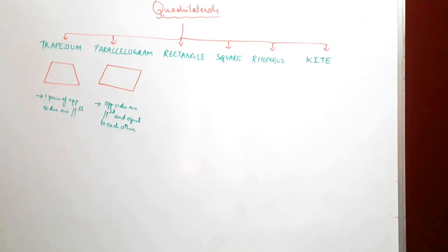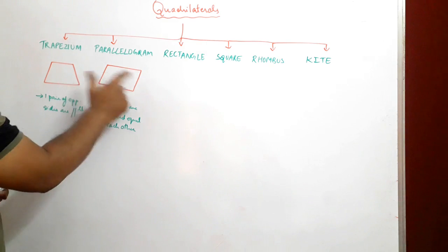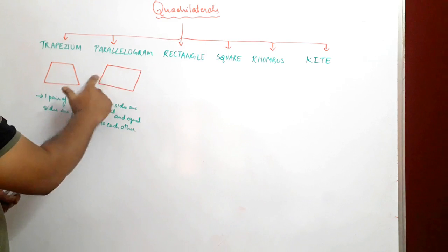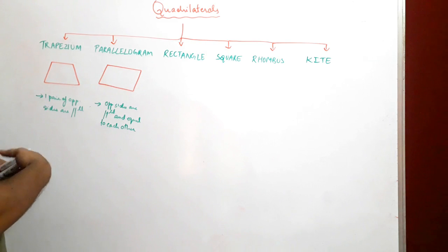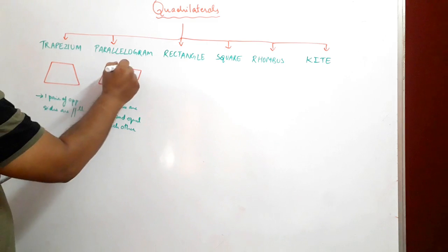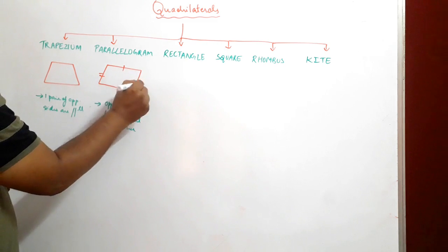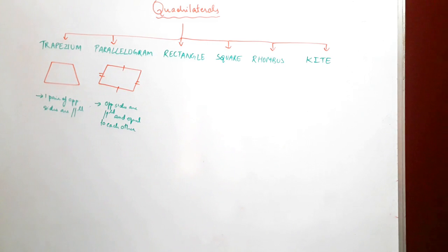Next we have the parallelogram, where you can see that the opposite sides are parallel to each other. They are also equal to each other. So you can say that this side is equal to this side, and this side is equal to this side. Okay, so that is a parallelogram. The word parallelogram itself suggests that things have to be parallel in this figure.